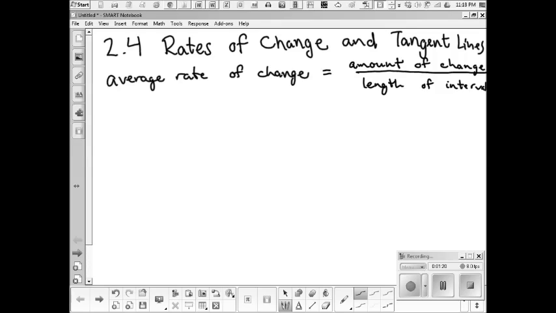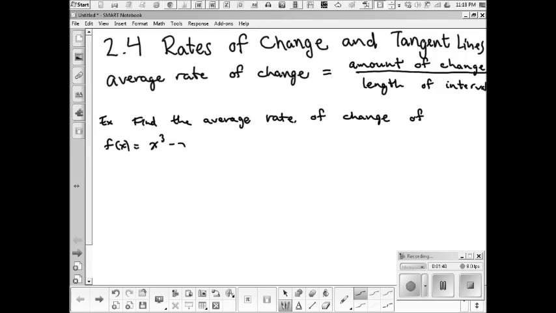Okay, for example, we could say find the average rate of change of f of x equals x cubed minus x over the interval 1, 3. Okay, it needs to be a closed interval here.